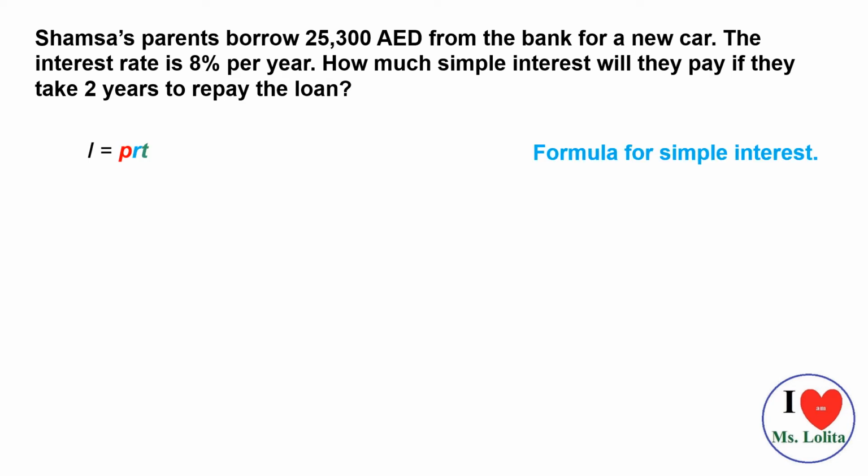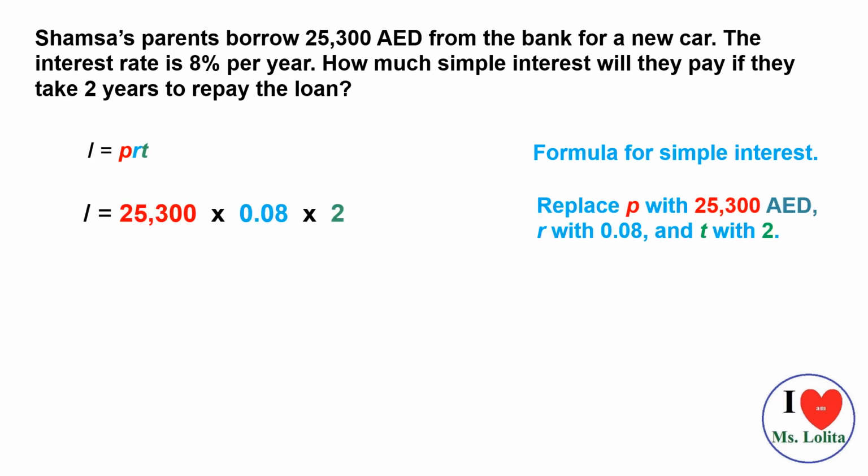We are going to apply the formula for the simple interest. I is equal to PRT. We can replace the P with 25,300 dirhams, R with 0.08, and T with 2. Therefore, I is equal to 25,300 times 0.08 times 2.